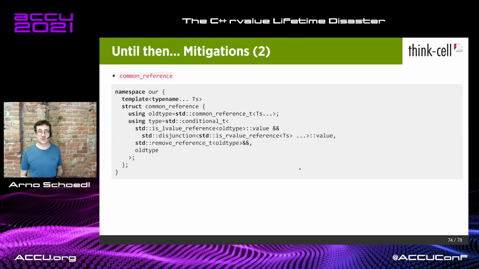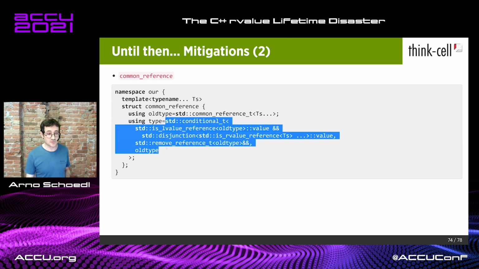It's essentially like the old common reference, but the std conditional down here essentially says, okay, if somewhere in your list of types you have an rvalue reference, then really your type should also be an rvalue reference. We add the rvalue reference to it because we want to basically designate that this is something that goes out of scope, that has a short lifetime.